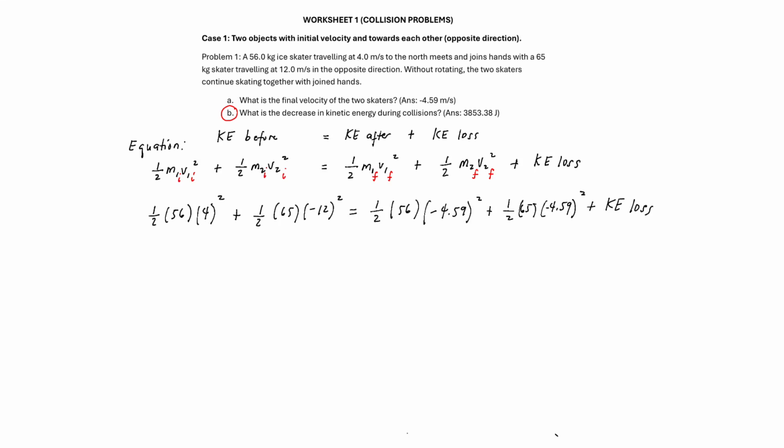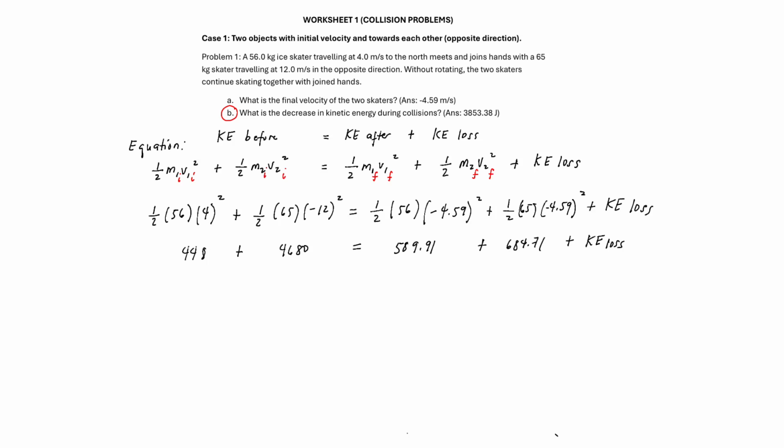Computing, this will become 448. On the calculator, 12 square is 144 times 65, divided by 2, that would be 4,680. Then this one is 589.91, and this one is 684.71, plus kinetic energy loss.